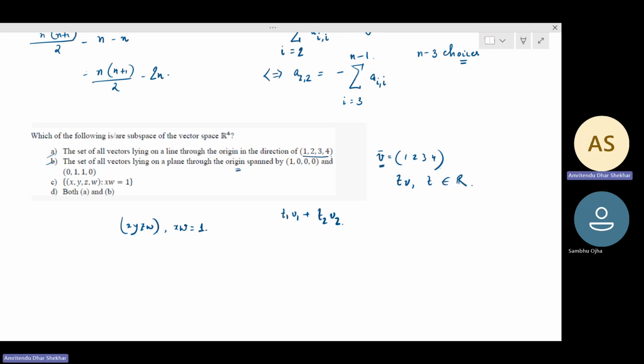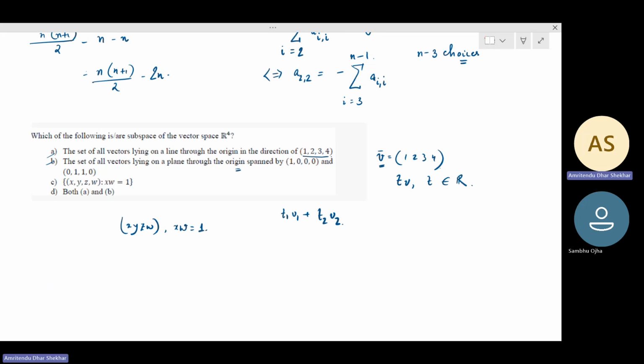First, that if you have two vectors, whether you can sum them up, and the second is that if you have a vector and you multiply it with any constant, then that vector should also be in that set.